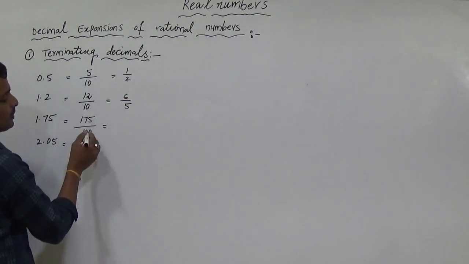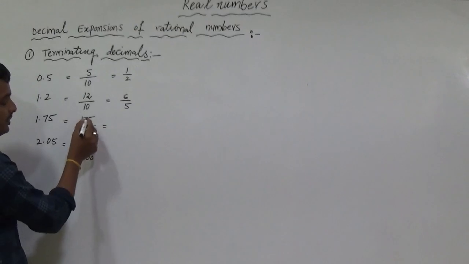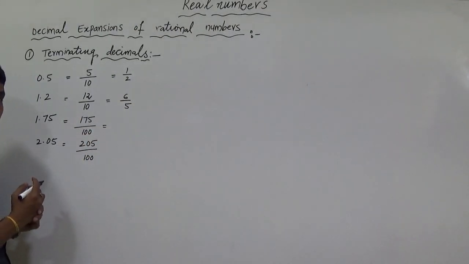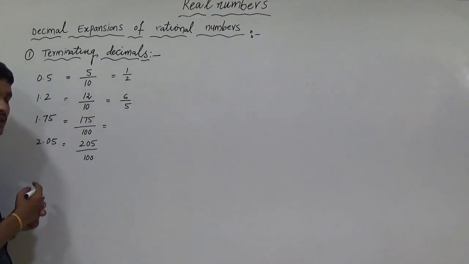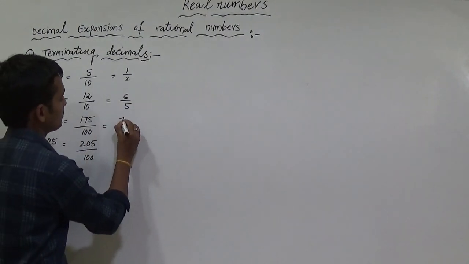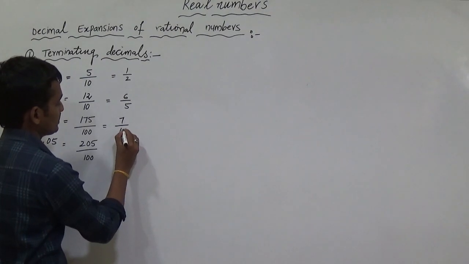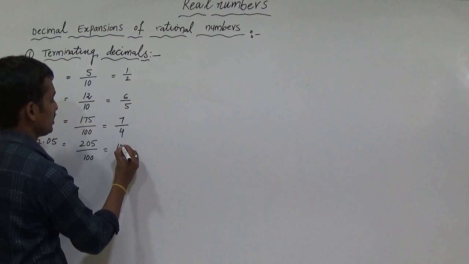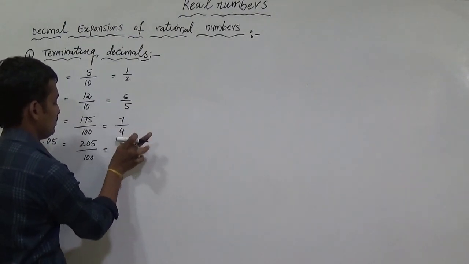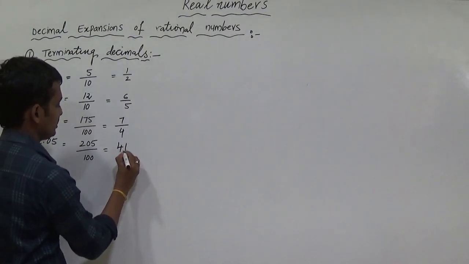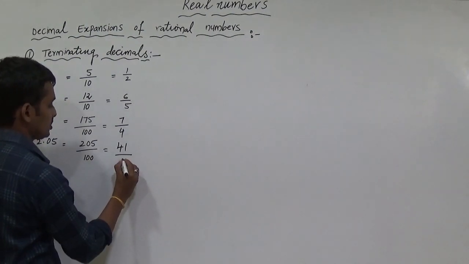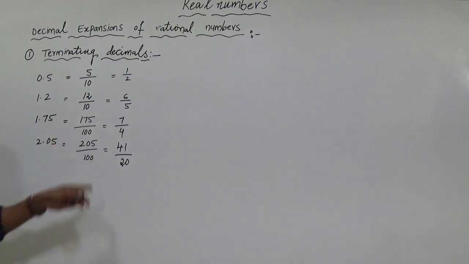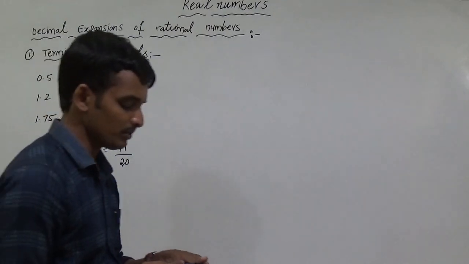Here 25 table cancel in 175. How many times? 4 times 100, 3 times 75. So 175 is 7 times 25 by 4 times 25. The same way 205, 5 table cancel, 41 by the denominator is 20. Denominator is 20. Once observe this. I have just to simplify that.